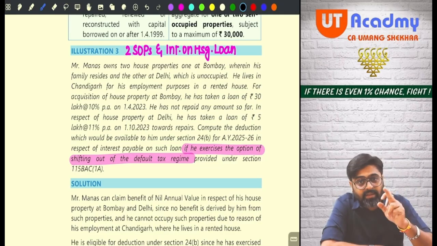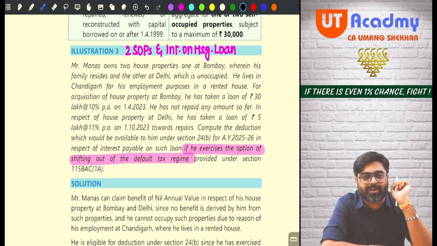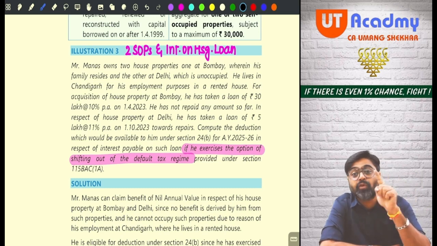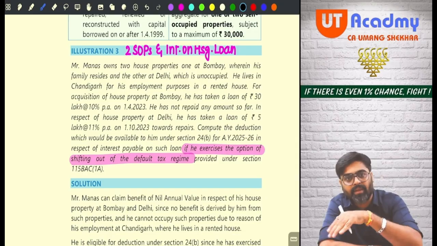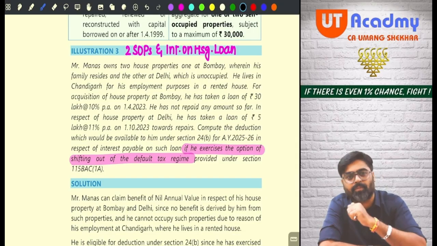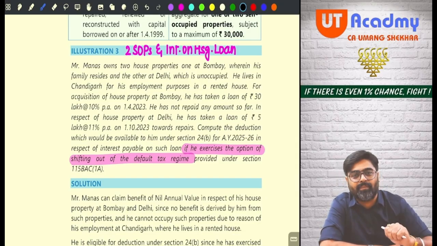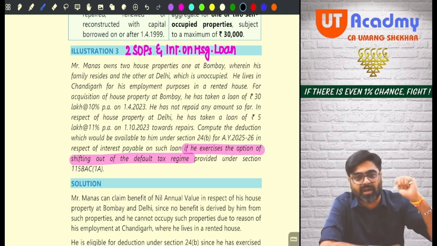And in the question they are mentioning that the assessee is shifting out of 115 BAC. If you shift out of 115 BAC, will you get interest deduction? Yes. If you shift out of 115 BAC, you will get interest deduction from SOP. But if you remain in 115 BAC, you will not get any deduction for interest.